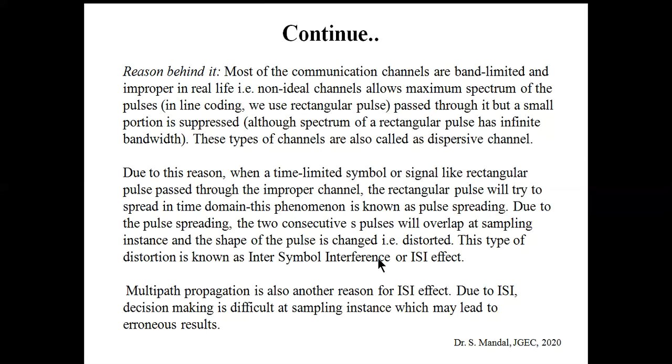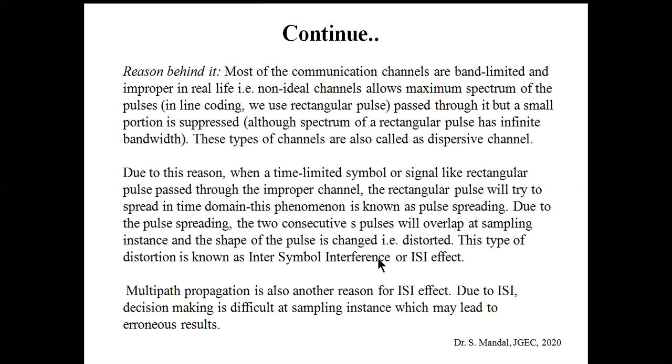All real life channels are dispersive in nature. That means a small amount of spectrum cannot pass through the channel, and due to this the output from the channel is not the same shape as the rectangular pulse, because its frequency characteristic has been changed due to the dispersive nature of the communication channel.